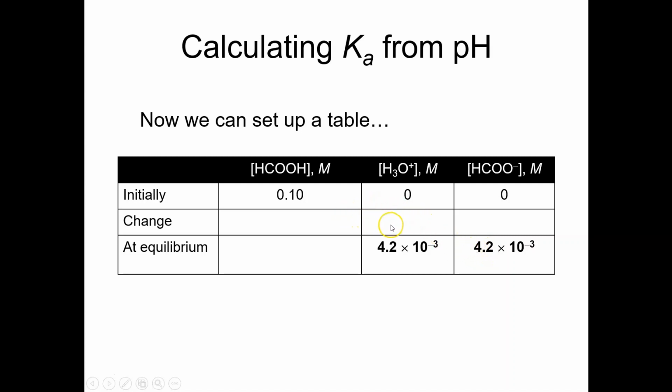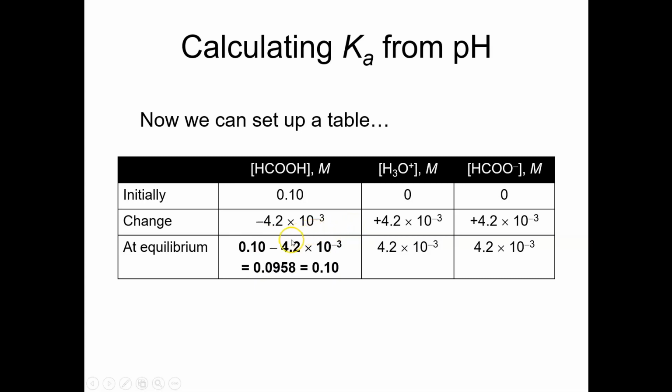Therefore, we know that our X is equal to 4.2 times 10 to the minus 3. The products are forming, so the change in concentration of the products as we reach equilibrium is plus 4.2 times 10 to the minus 3. The change in concentration of the reactant as we reach equilibrium is minus 4.2 times 10 to the minus 3.